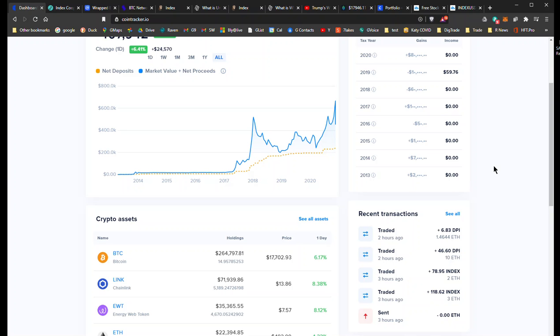I could be wrong. Maybe Coinbase and Coinbase Pro do give you some type of form, but they didn't last year. You had to bring in all of your data into a tool like this, CoinTracker.